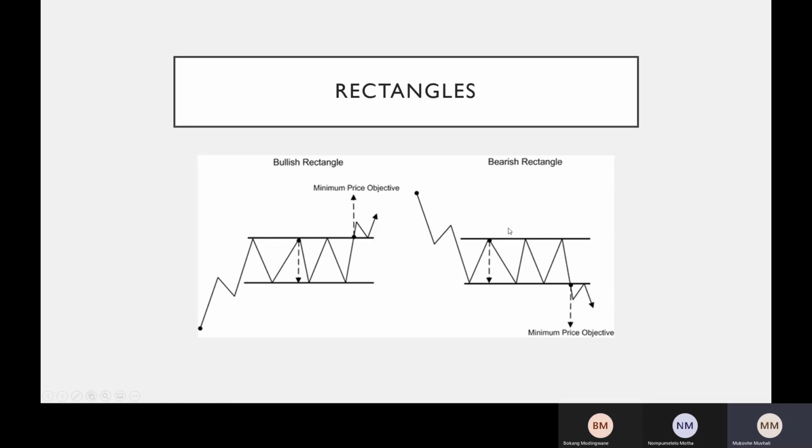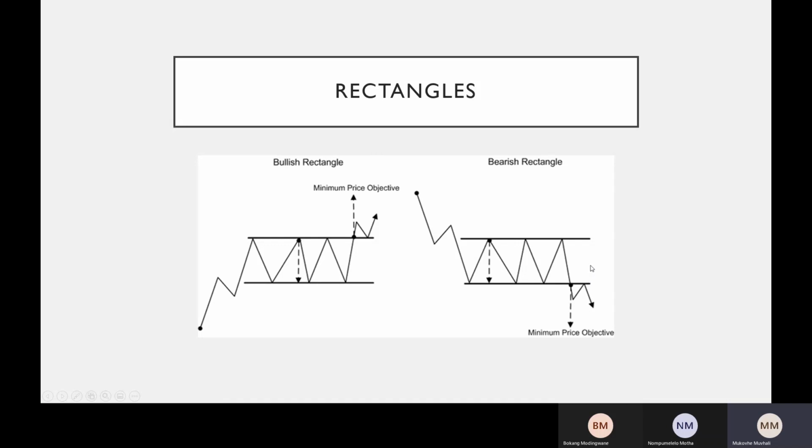And then you have a bearish rectangle. It behaves the same way as the bullish rectangle, which is you have the same channel, and then you're gonna trade the height of this channel as your take profit target. So it's gonna break downwards, and then it's gonna have a retracement a bit.